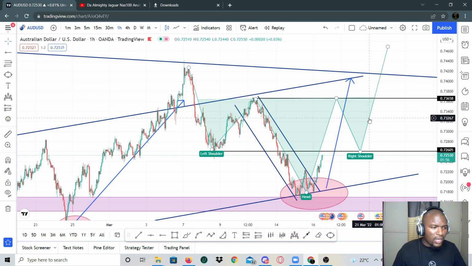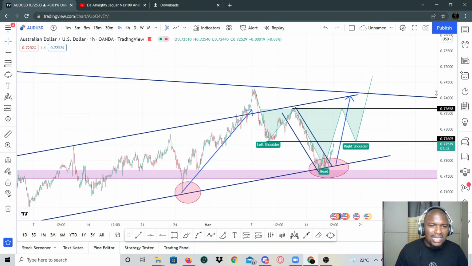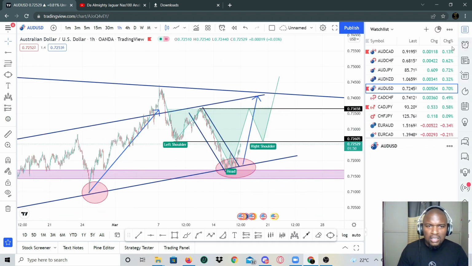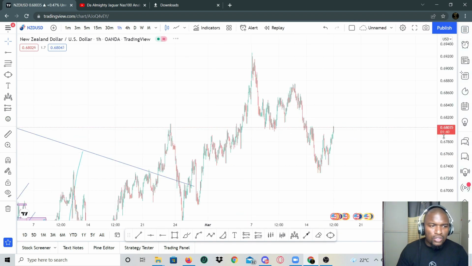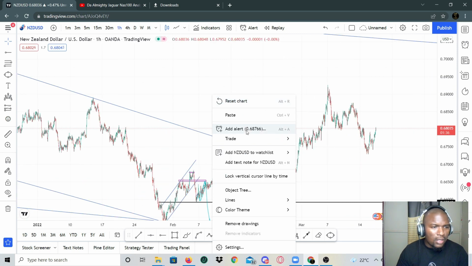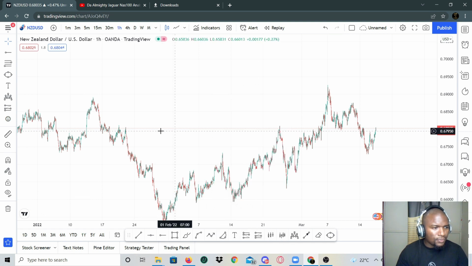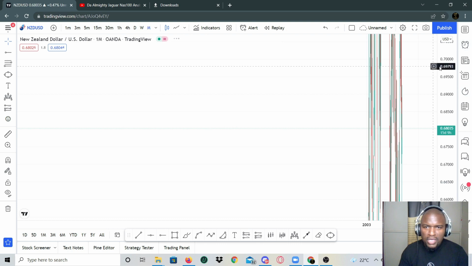We just want to quickly check our last pair, which is NZD USD. This one we just want to quickly check. So these pairs that are USD quoted, they are looking more beautiful, pushed to the upside.